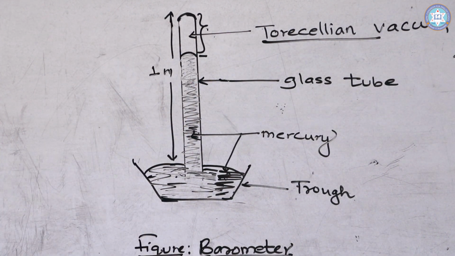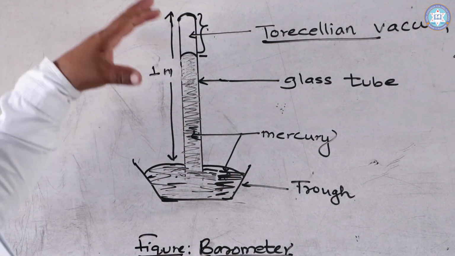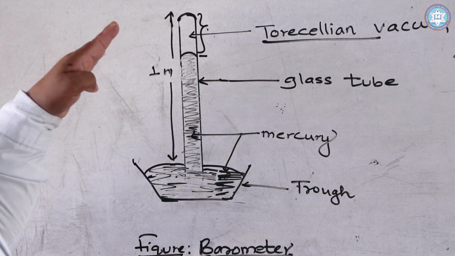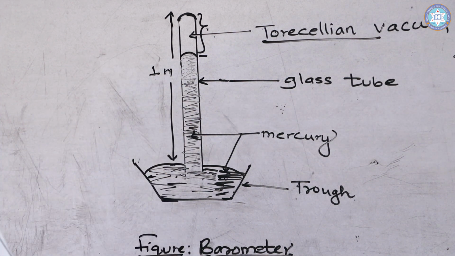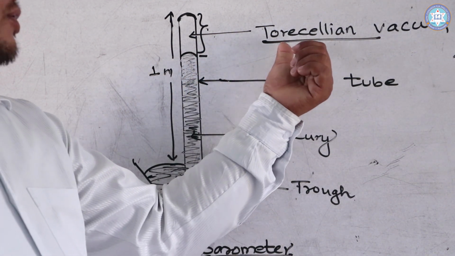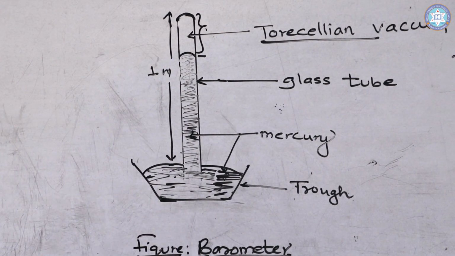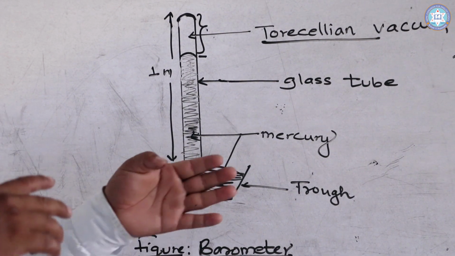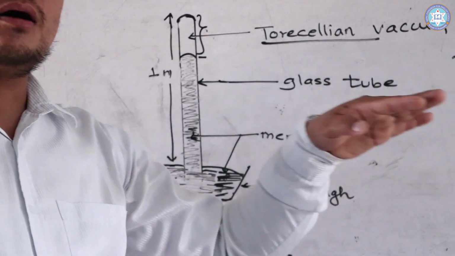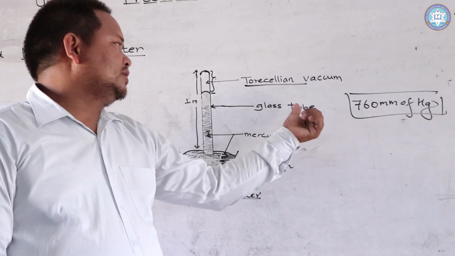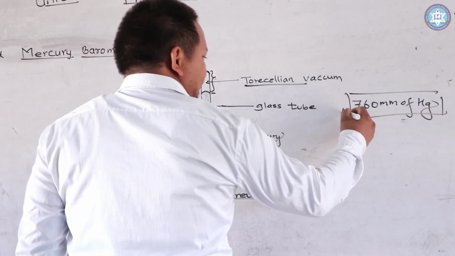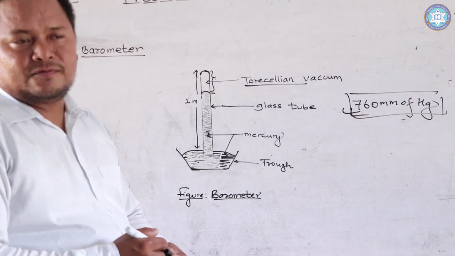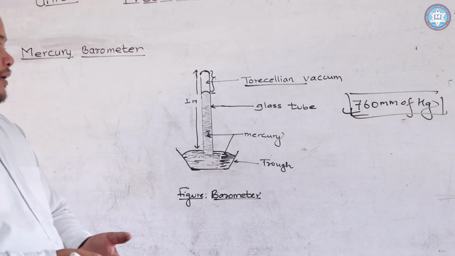This vacuum, which is produced while the mercury goes down the tube, is called the Torricellian vacuum. At places other than sea level, the value of atmospheric pressure is lower than this value, maybe 750, 740 mm of Hg.